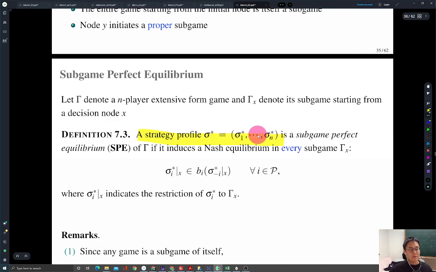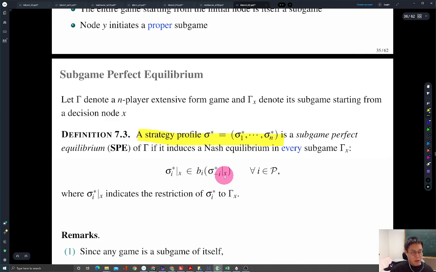So we have to specify each player's strategy in that extensive form game, and to be a subgame perfect equilibrium, it has to induce Nash equilibrium in every subgame gamma sub x, meaning that if we focus on the subgame starting from node x, the restriction of player I's strategy to that subgame should be player I's best response to the other restrictions.